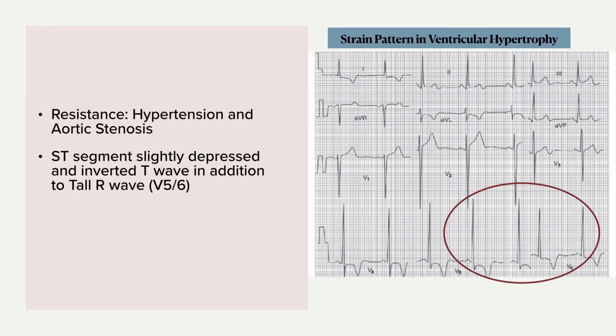In this ECG, along with tall R waves representing left ventricular hypertrophy, we see a slightly depressed ST segment and inverted T waves, which is due to left ventricular hypertrophy with strain.